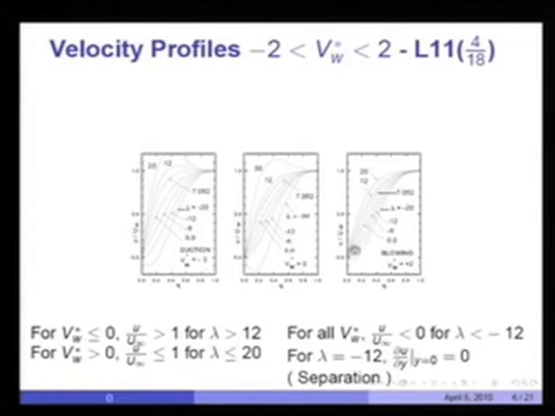On the blowing side, however, up to lambda equal to 20 or a little more, there is a u over u infinity well within 1. So, blowing permits much higher favorable pressure gradients. On the adverse pressure gradient side, again lambda equal to minus 12 is the limit.